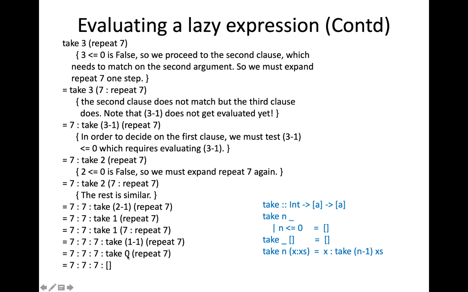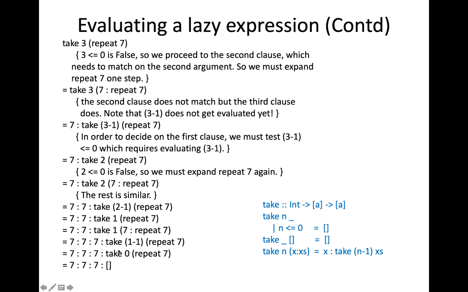This is 0, and when the first parameter of take is 0, then this matches with this case, and we now know whatever is here, we don't need to evaluate that, because take 0, whatever is there, returns an empty list. So we don't care, and we can now return an empty list.